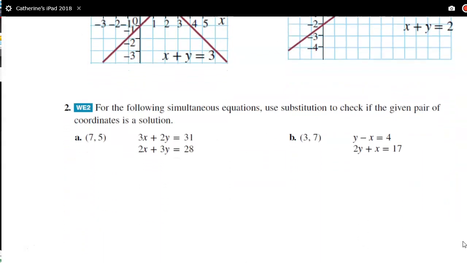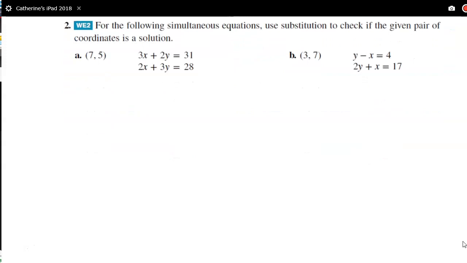So for the following simultaneous equations, use substitution to check if the given pair of coordinates is a solution. Remember, substitution is where we sub in that value into an equation, and we want to see whether it's true or false.